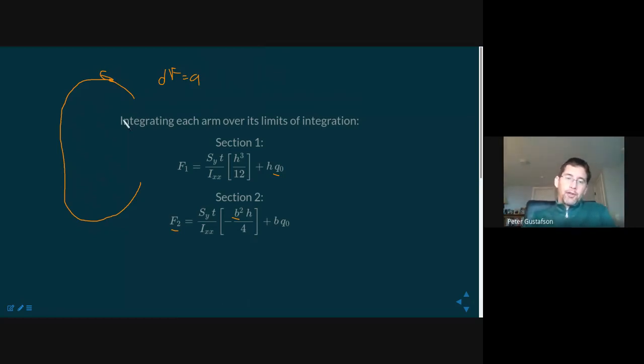That's a little hint about what's to come in the homework problems. But for these problems where we have constant directions, at least for the subsections of the integral, we can resolve individual forces rather than differential moments or differential forces.